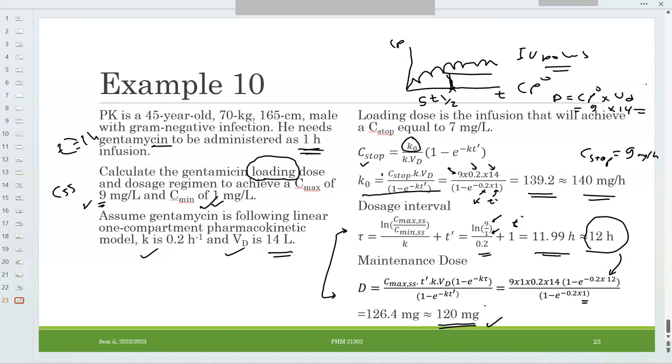They will maintain the concentrations in the range between 9 and 1, Cmax 9 and Cmin 1 all the time, so they will maintain the steady state. This is the way to calculate the dose and dosage interval for multiple IV infusions.